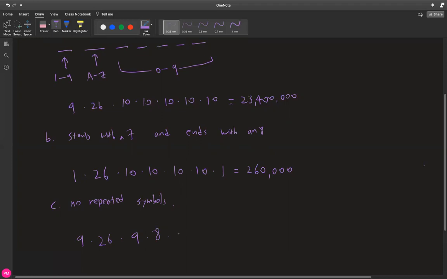And same logic follows, 7, 6, and 5. And if you multiply all that by the multiplication rule, you have 3,538,000 different ways. I think there's 80 here.